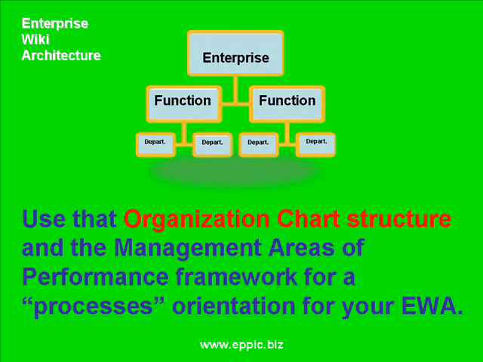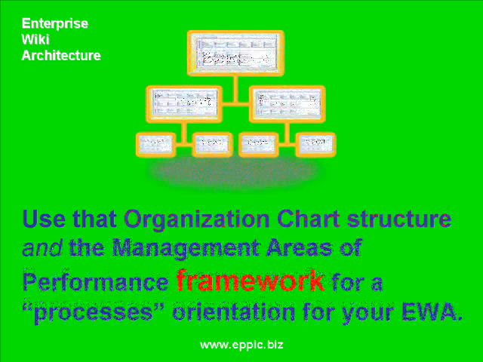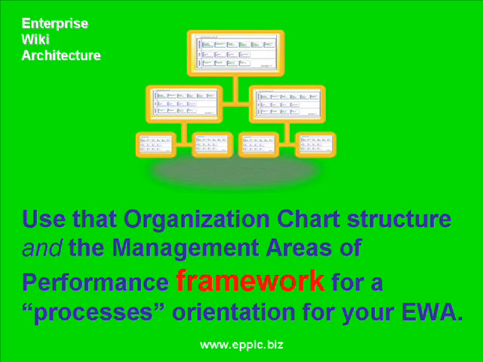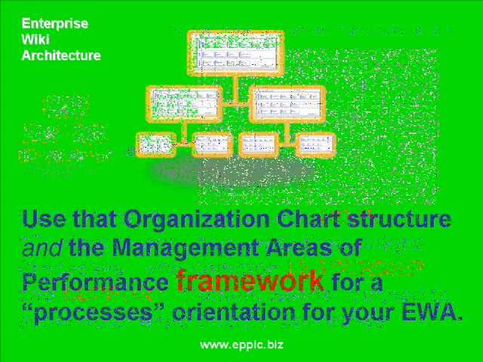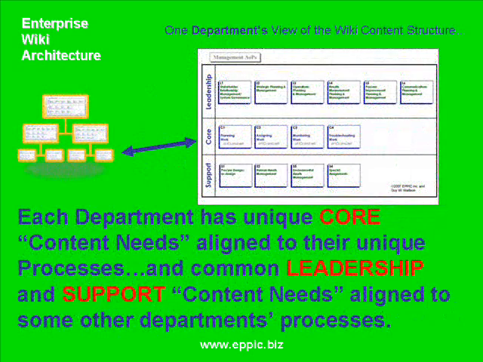Use that organization chart structure and the management areas of performance framework for a process orientation for your enterprise wiki architecture. Each department has unique core content needs aligned to their unique processes, and common leadership and support content needs aligned to some other department's processes.